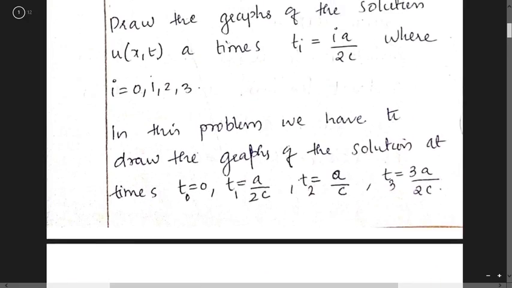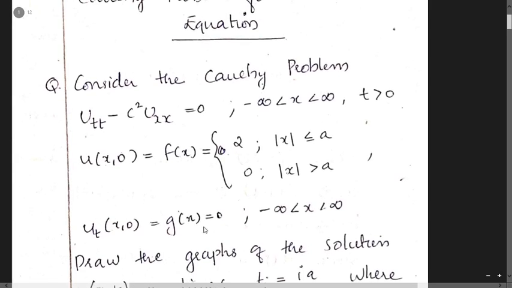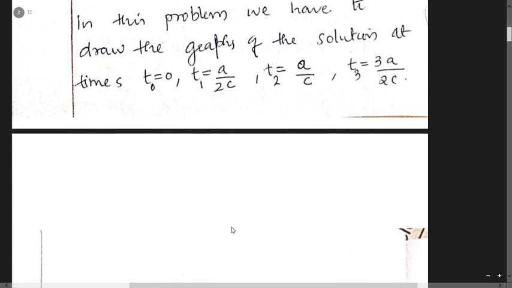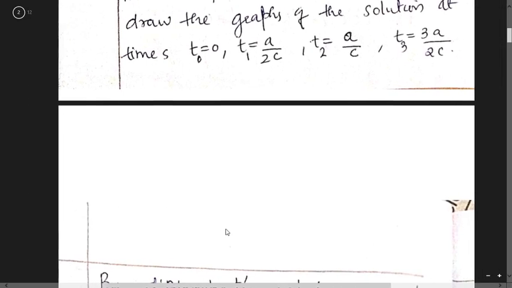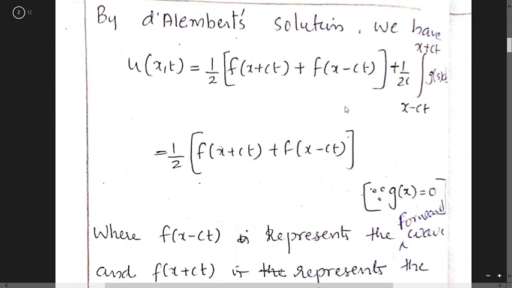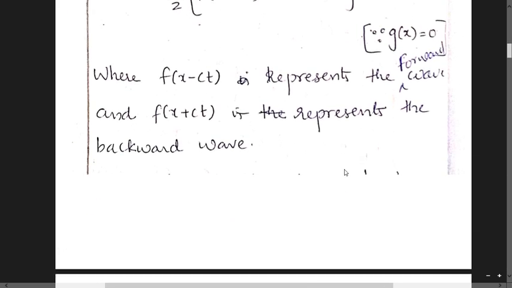From the question we get that g(x) is equal to 0, so this part of the equation becomes 0. So u(x,t) is equal to 1/2 [f(x+ct) + f(x-ct)]. Here f(x+ct) represents the forward wave and f(x-ct) represents the backward wave.